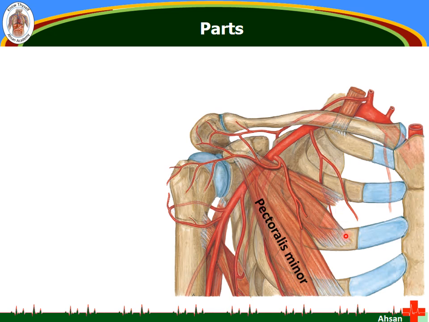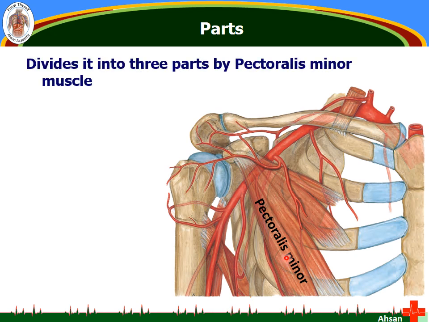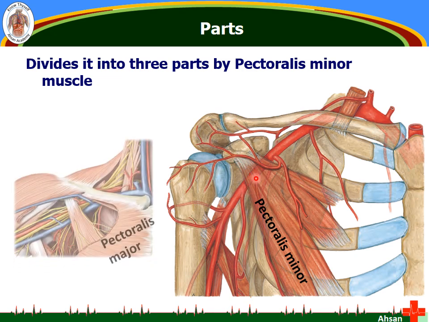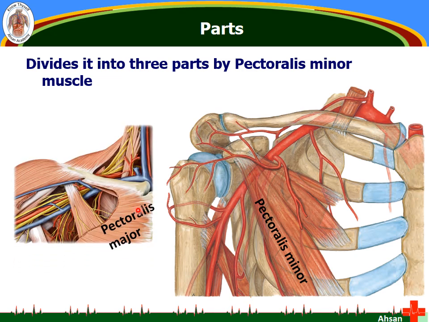I already have said that the axillary artery has three parts, and this is actually divided by the pectoralis minor. So this pectoralis minor covers the second part. You can see this is the pectoralis major muscle that is cut down, and you can see the pectoralis minor muscle that covers a small part of the axillary artery.